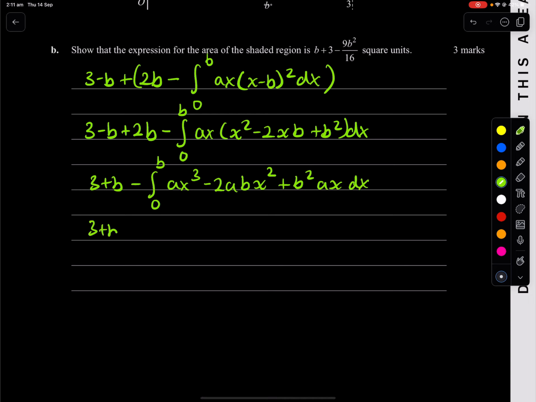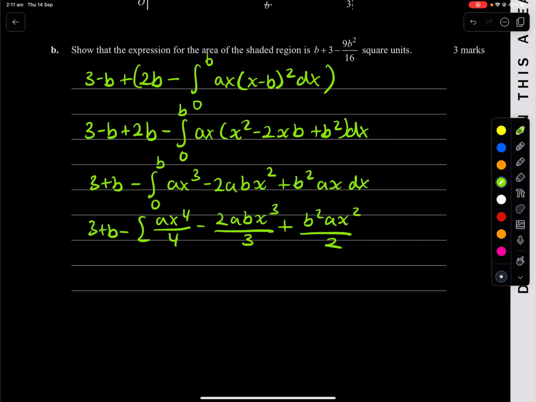So 2b minus, it'll be ax to the 4 over 4 minus 2abx cubed over 3 plus b squared ax squared over 2, from 0 to b.